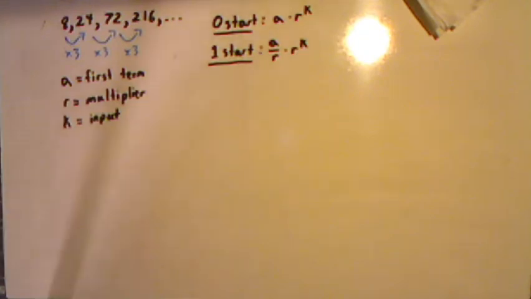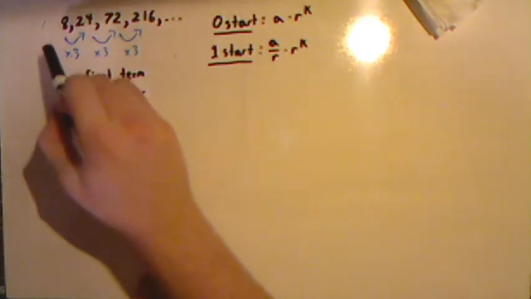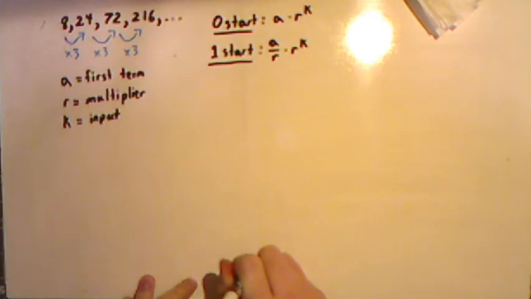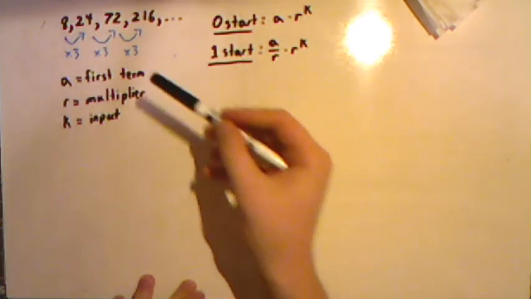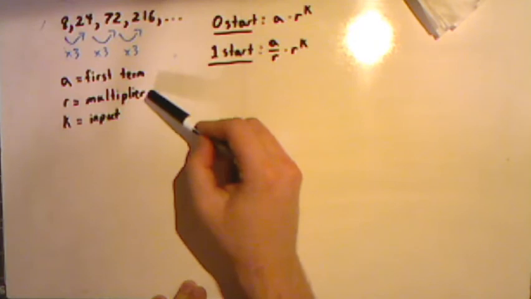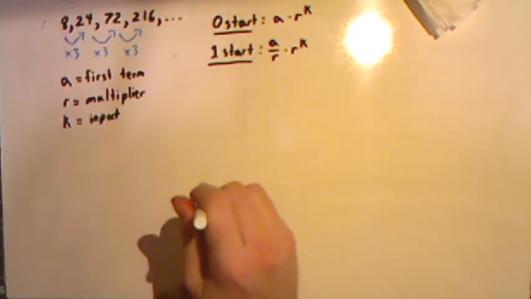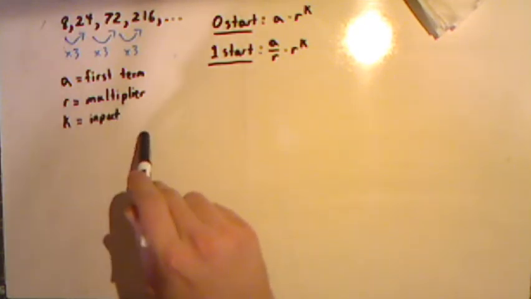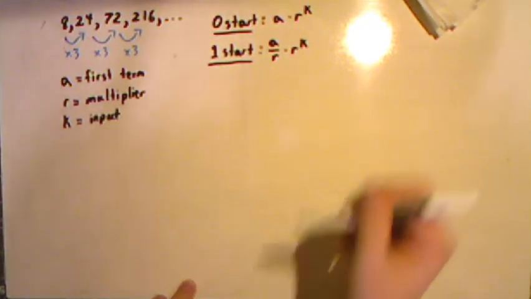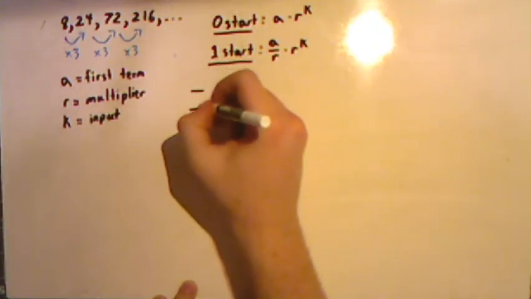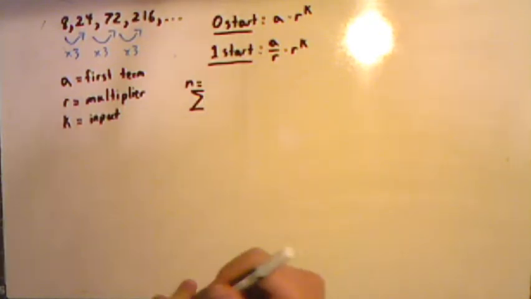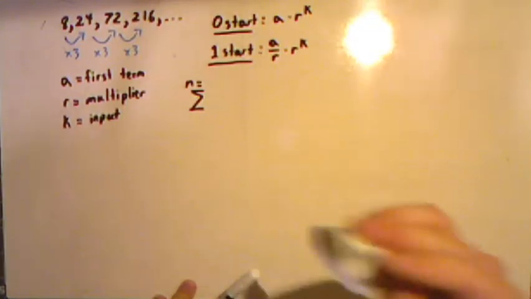So now to just recap a little bit, you might notice a small change here where we still have that same sequence that we're working with, 8, 24, 72, 216, where we have our multiplier pattern as times 3. We still have a as our first term, r as our multiplier, but as we are turning into our sigma notation, I'm using k as our input, just because in sigma notation, if we remember, there is typically our sigma, and then we have n equals to some number as our maximum value, our maximum term.